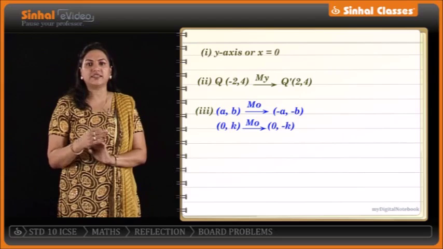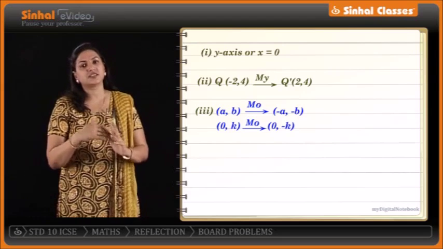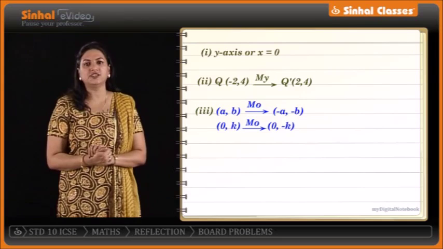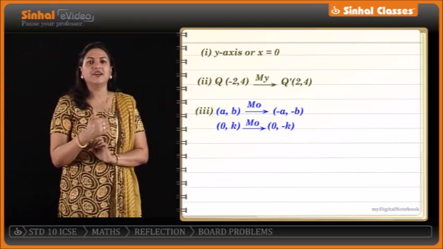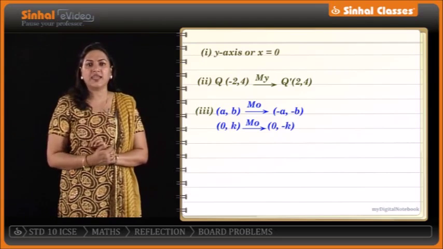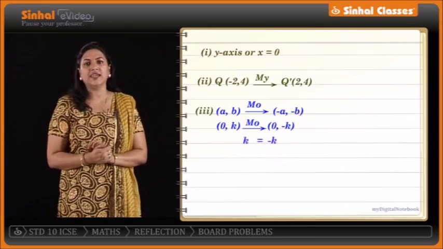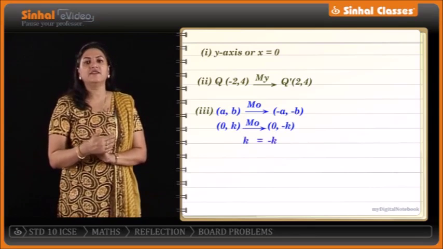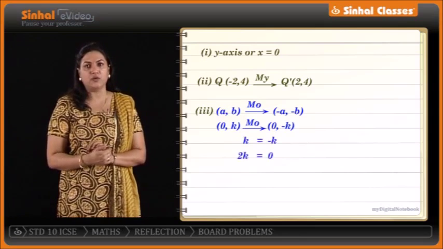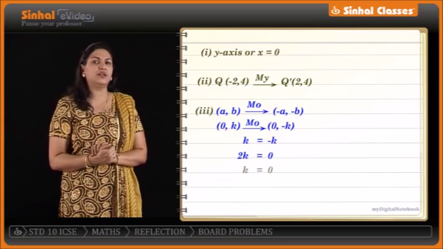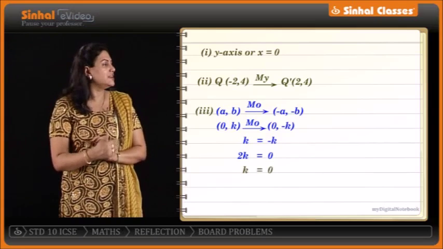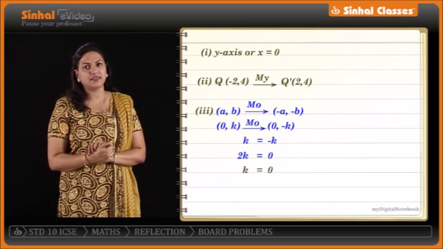Because we are reflecting in the origin, so the sign of both the coordinates will change. But here we have 0, k is equal to 0, minus k. That is, k is equal to minus k. Take on one side, we have 2k is equal to 0. That is, k is equal to 0. So we've got the value of k as 0.